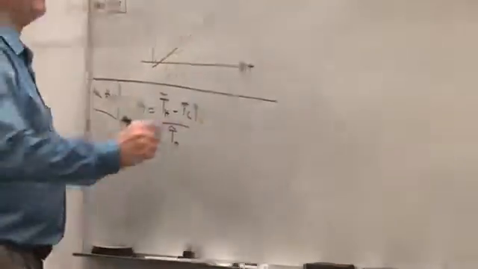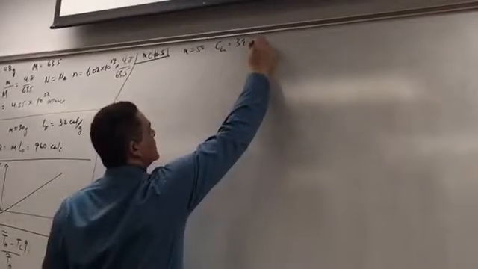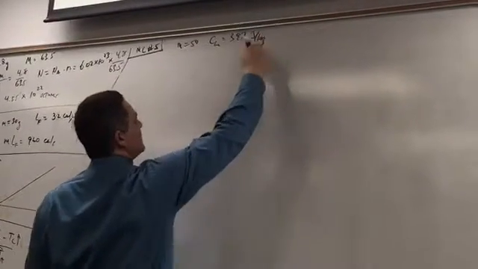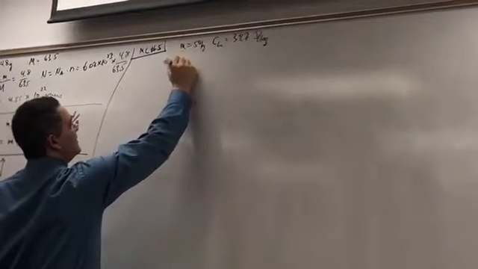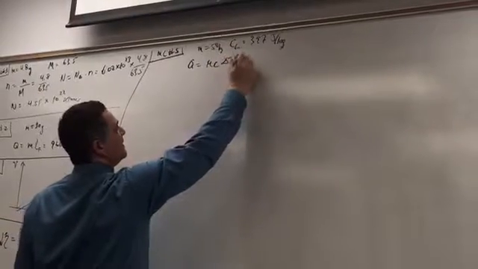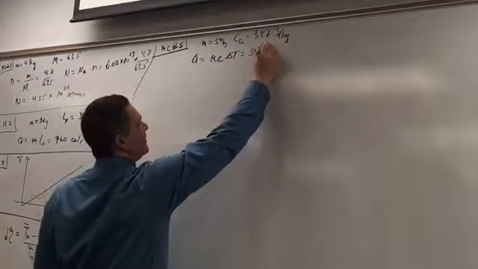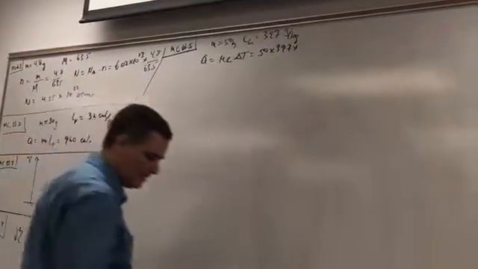How many joules are required to warm up 50 kilograms of copper from 20 Celsius to 94 Celsius? Okay, so the C of copper is 397 joules per kilogram. You notice that's in kilograms, so you wanna keep this in kilograms, right? So you have Q equals M C delta T. So you have 50 times 397. And what was the temperature change? 74.